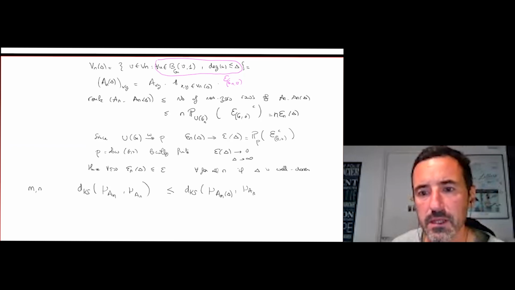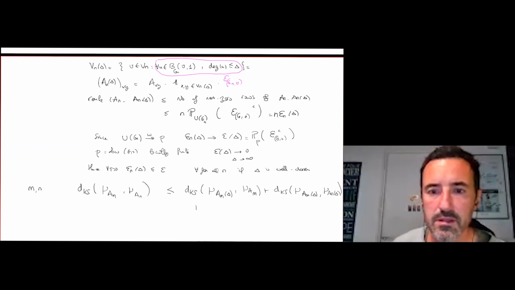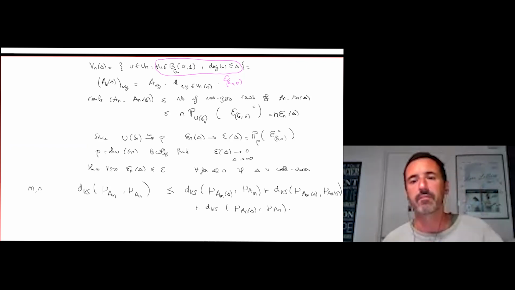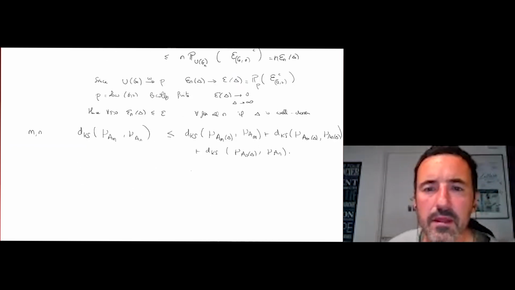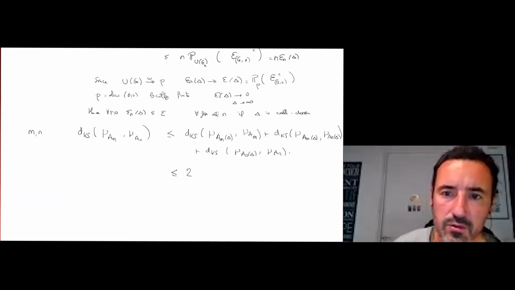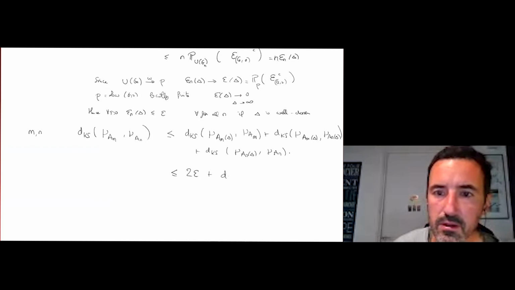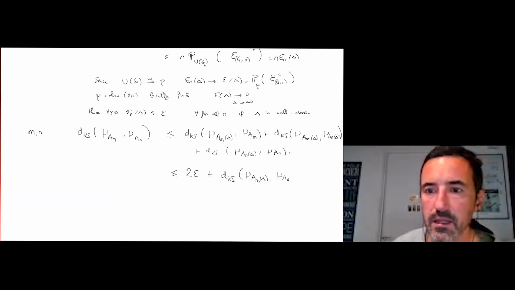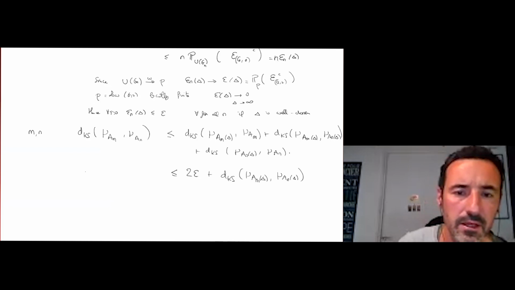You have this is less than that, plus the Kolmogorov distance between μ of A_m δ and μ of A_n δ, plus the Kolmogorov distance between μ of A_n δ and μ of A_n. So this will be less than 2ε plus the Kolmogorov distance between these two.